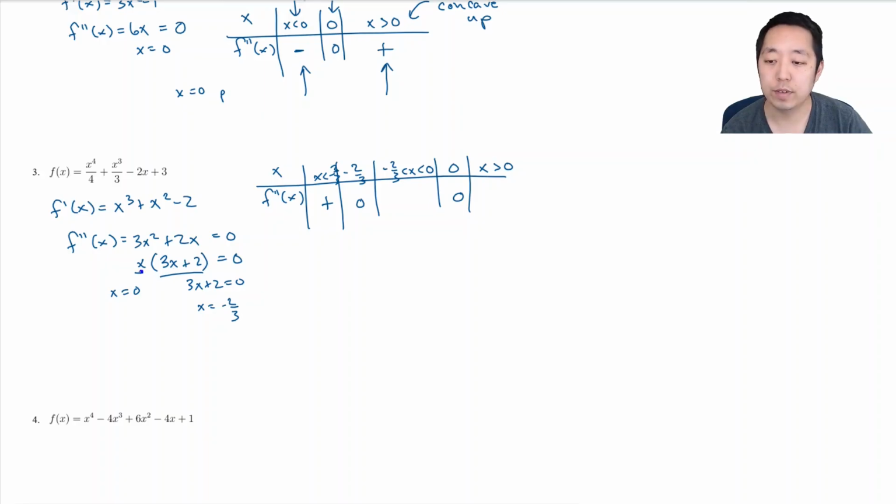Between here and here, if I plug a small negative number close to 0 into the factored form, like negative a quarter, this is negative and this is positive, so that's a negative times a positive, which makes it negative. And when I have a very big positive x value, this is positive. Okay? So here and here, it's concave up.